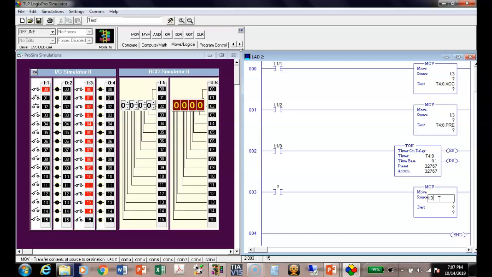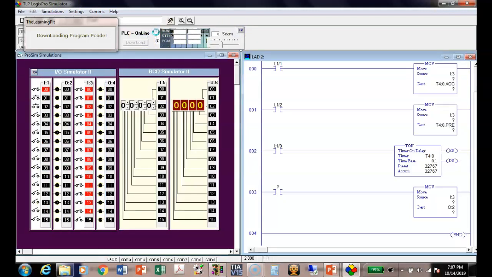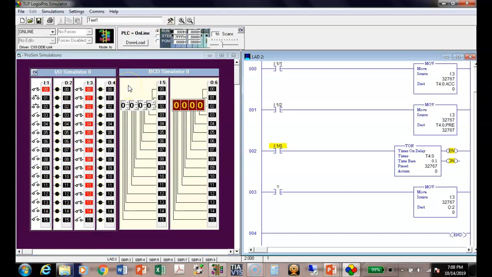I'm not going to put a slash. In my destination, I'm going to put it into output. Oops. It lets you get by with stuff you shouldn't get by with.